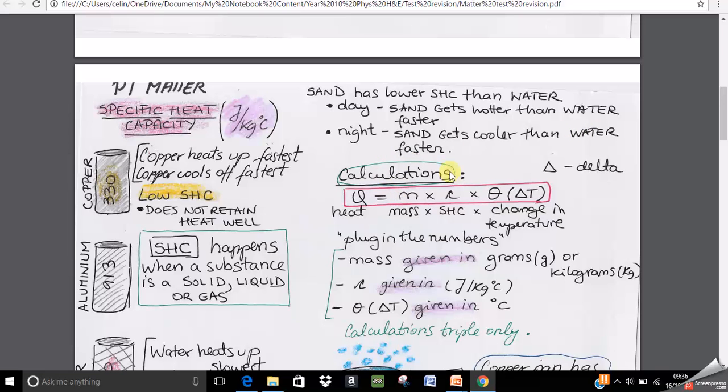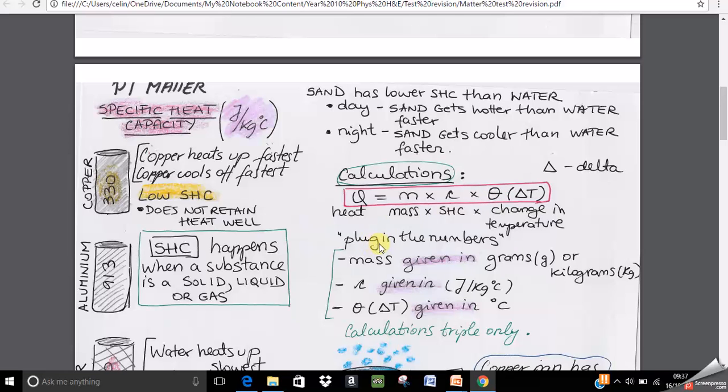Now for the calculations, this is only for triple. We have the formula Q, as heat, equals mass times C, for specific heat capacity, times the change in temperature, or delta T, or this letter, which is a Greek letter called theta.